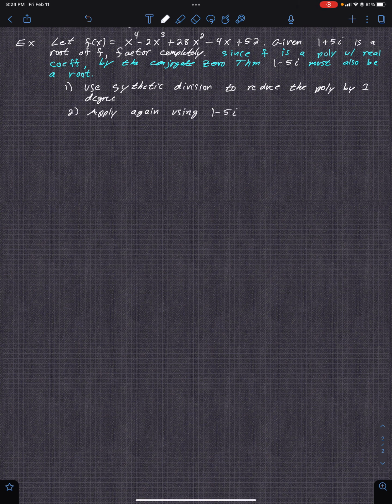Now, you've got to be real careful with your organization with these complex numbers. So let's write it out. Start with the 1 plus 5i, and then we're going to divide into the polynomial like this, and you write down the coefficients. Any terms missing? 4, 3, 2, 1, 0. So no terms missing.